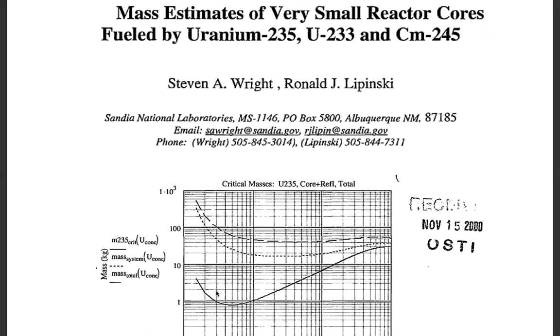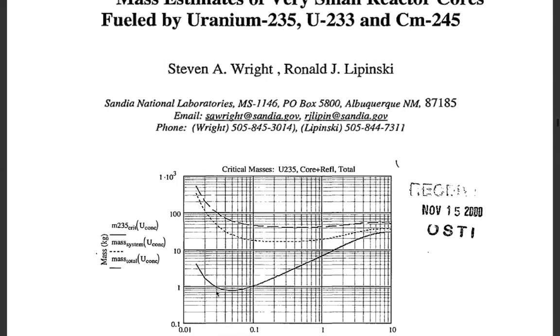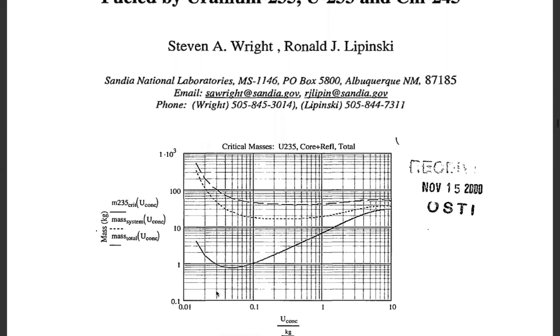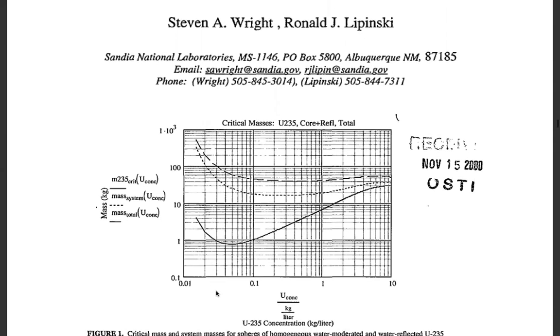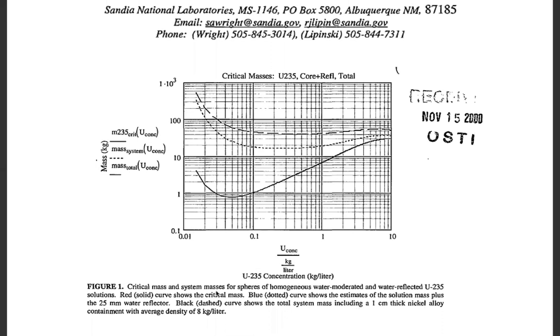This is a report by Wright and Lipinski, and it's a Sandia report, quite an old report, but look at the results. On the x-axis, you see the concentration in kilograms per liter.